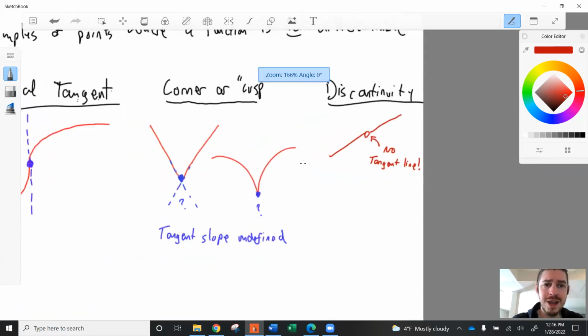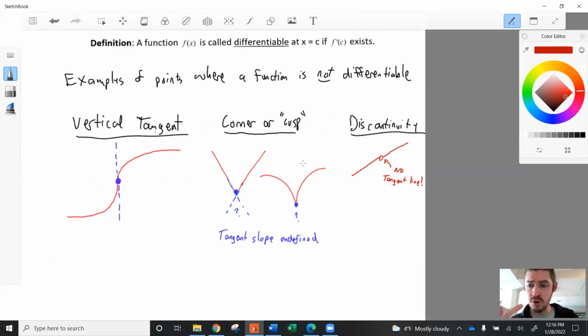When we find the equation of a tangent line, notice that there's two pieces of information we need. We need a slope and we need a point. This doesn't have a point. You can't calculate the slope without the point because the slope part of the definition requires that you have a defined value for the function. So if you have a hole in your curve, you can't have a tangent line there, and you can't calculate a derivative.